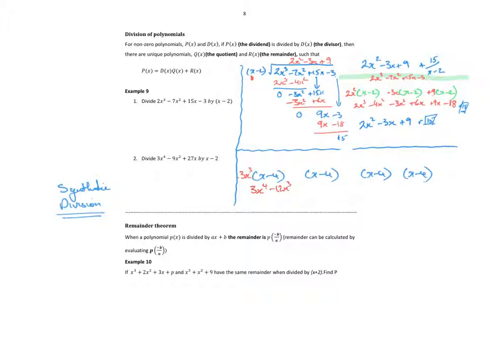I've got negative 12x cubed, and I've got no x cubes there, so I'll have to add 12x cubed. 12x squared times x is plus 12x cubed. 12x squared times negative 4 is negative 48x squared. I've got negative 48x squared, I meant to only have negative 9x squared, so I've got to add 39x squared. So with a 39x out the front, multiply through, I get plus 39x squared.